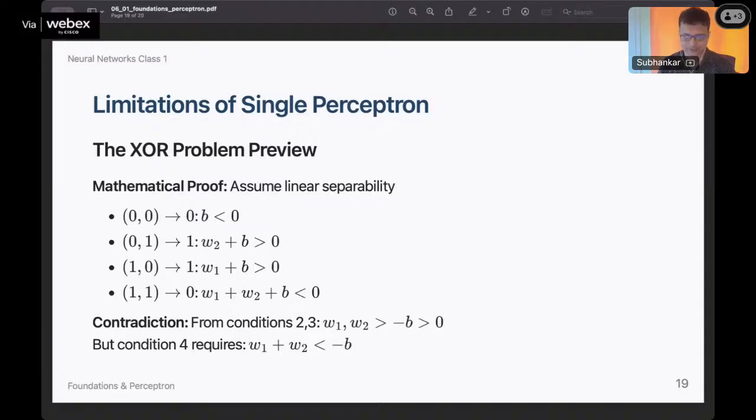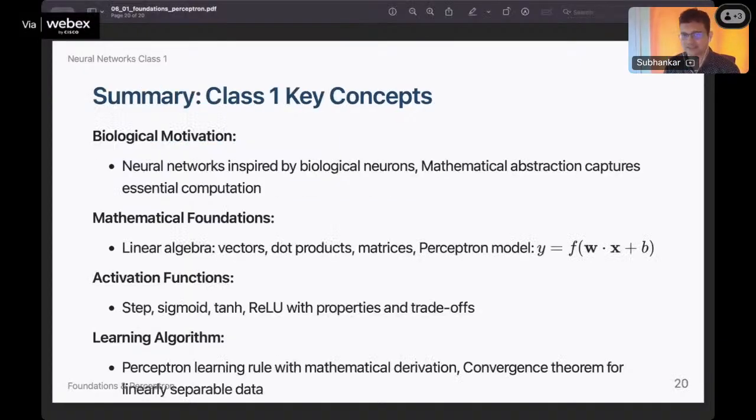But condition 4 specifically requires that adding both of them has to be less than minus B. So we end up with a contradiction. That's the proof. So there does not exist a linear separator for XOR, and a perceptron at best can do linear separation, and that is why XOR, as a very simple logical function, does not work.